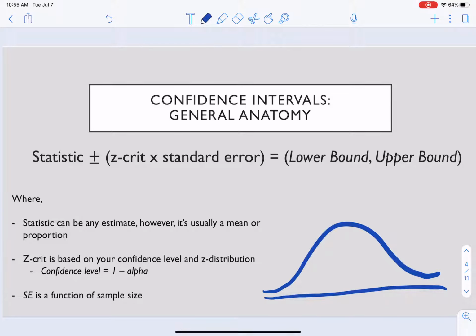If we have a high sample size, standard error will be low, which is what we want. But if we do not have a high sample size, standard error will be high. That's not a bad thing. That just means that our interval will be very wide, and not too precise.